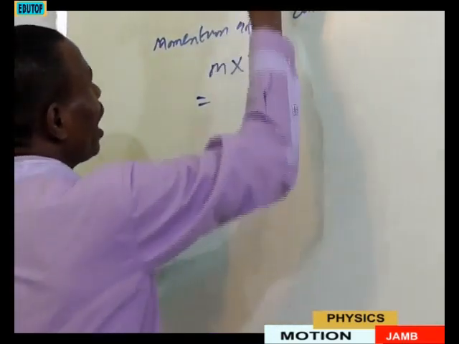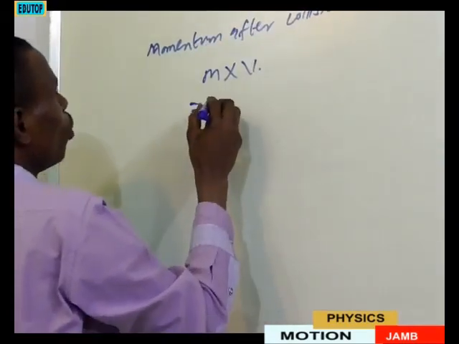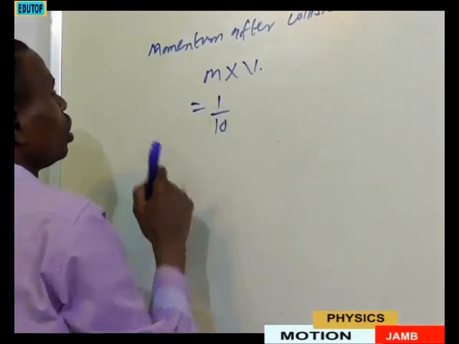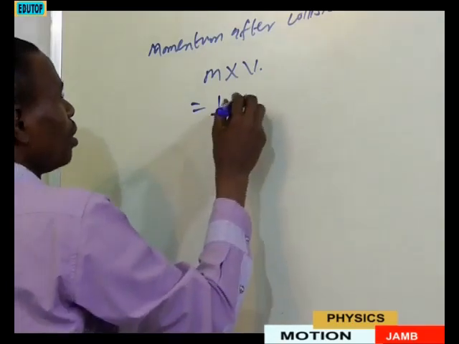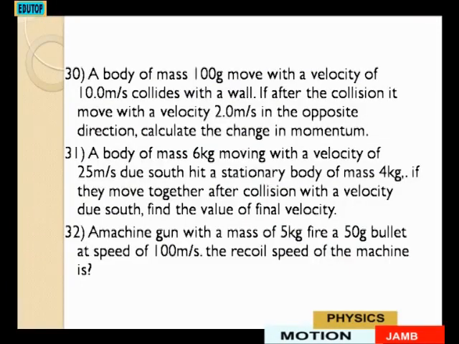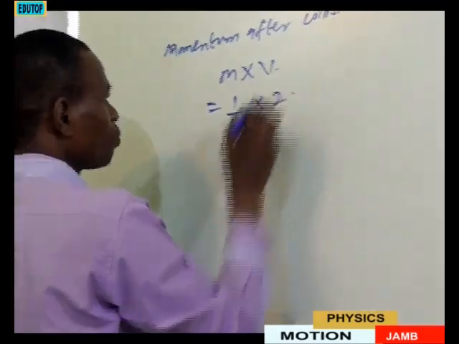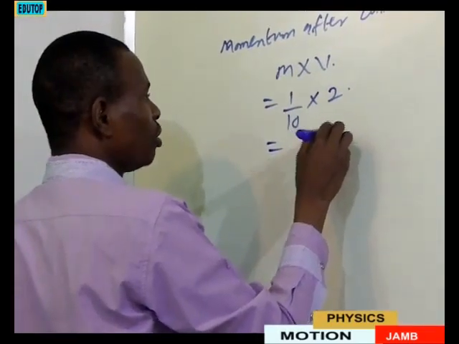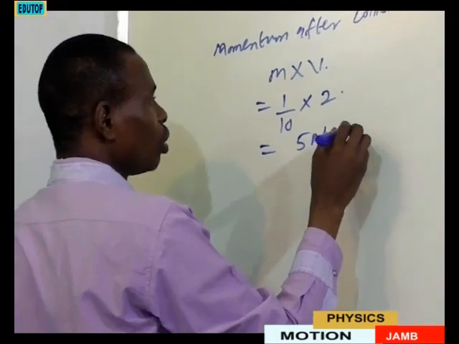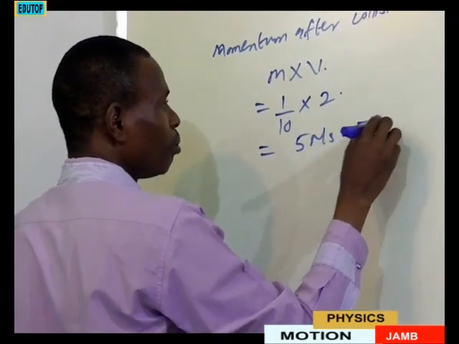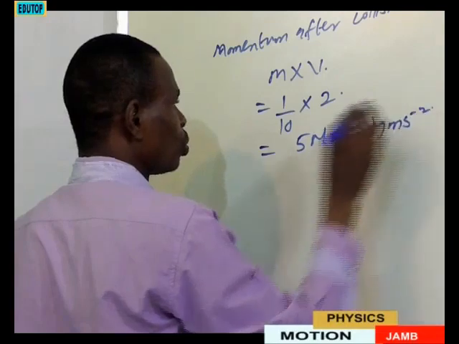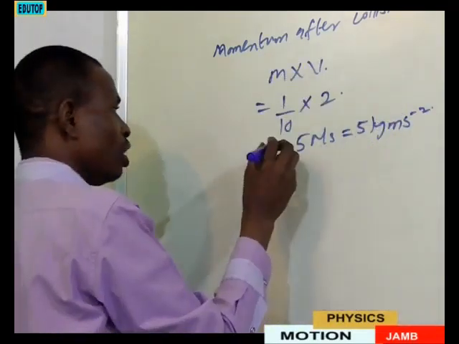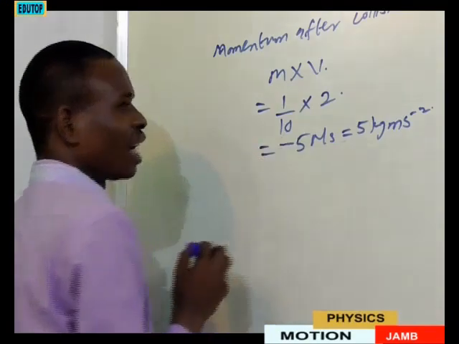The mass here is equal to 1 over 10 if you change this to kilogram, then times the velocity is 2, which is equal to 0.2 Newton seconds, which is also equal to 0.2 kilogram meter per second. But they said in opposite direction, then you had a negative sign.